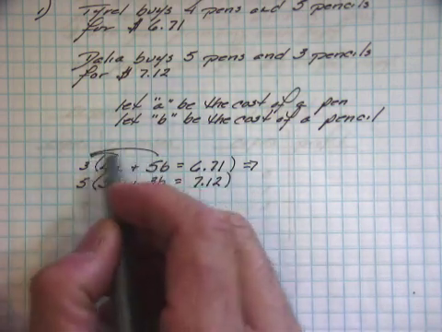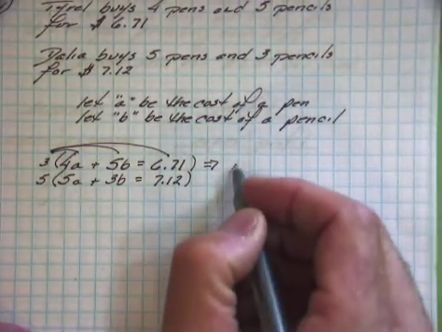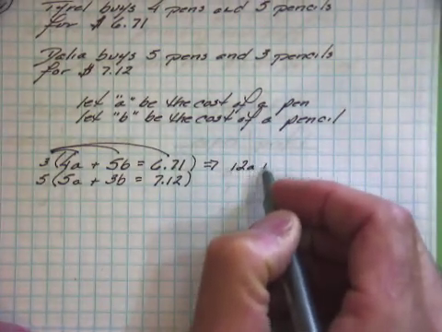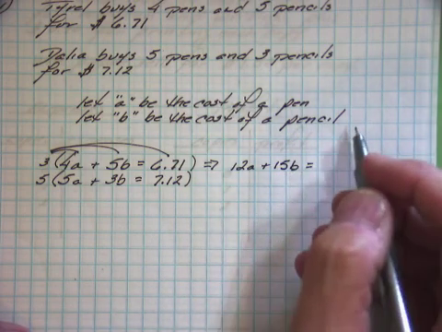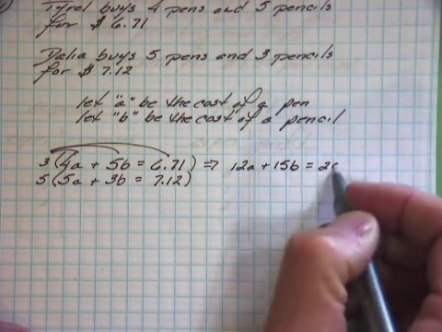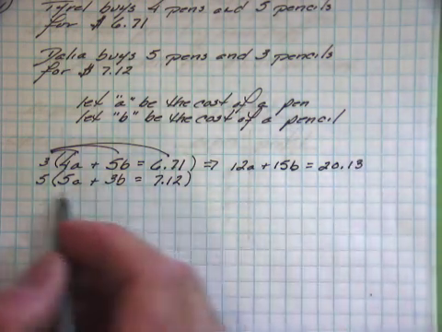So this equation becomes, and remember, this is being multiplied to everything in the parentheses. Don't forget that. So we get 12a plus 15b equals 20.13.